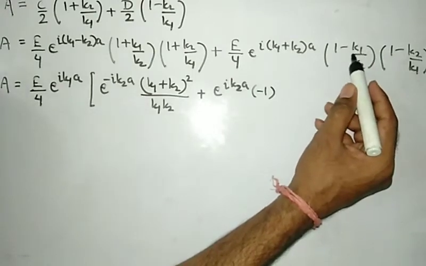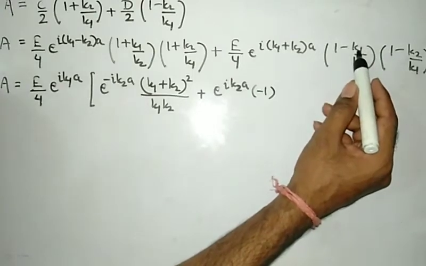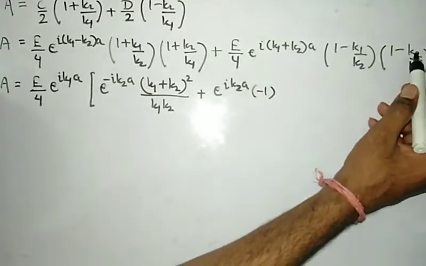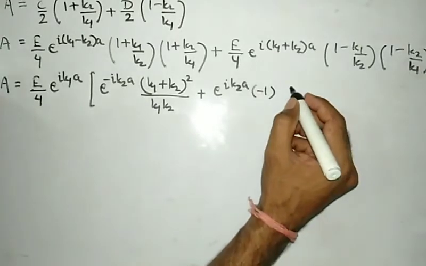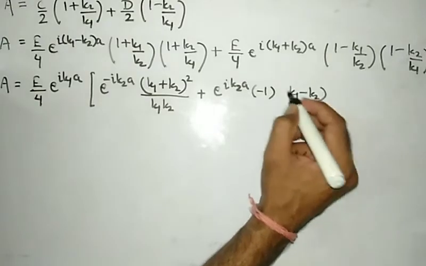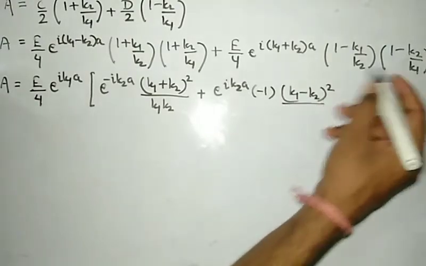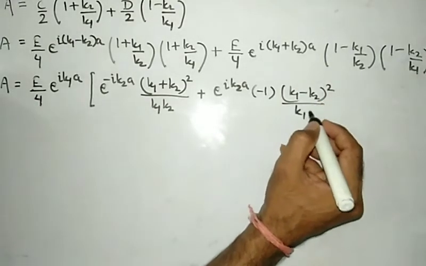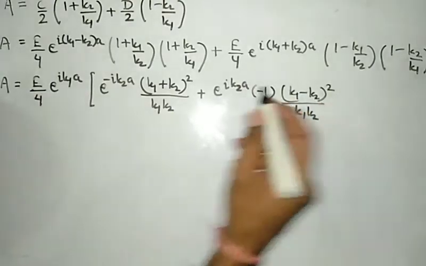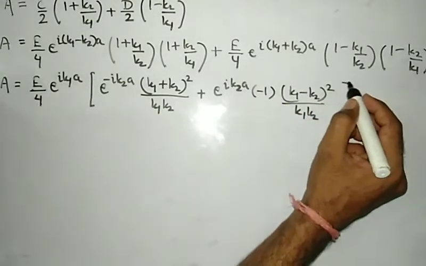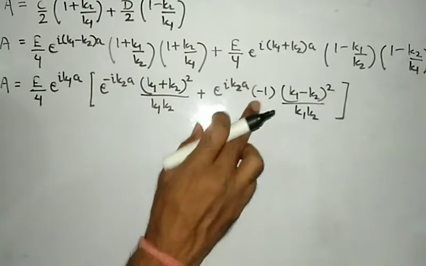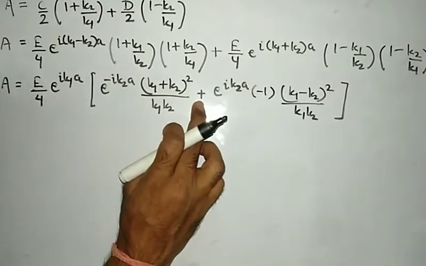So we will get k1 minus k2 from here and k1 minus k2 from here also. So (k1 minus k2) whole square upon k1 k2, by taking simple LCM. Okay, and this minus 1 can be multiplied here easily.